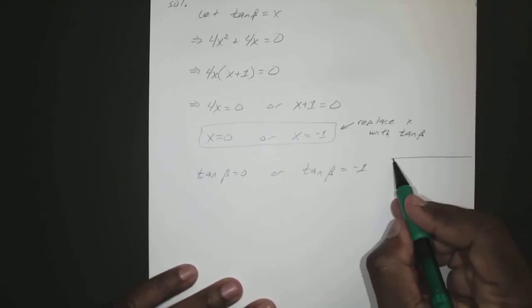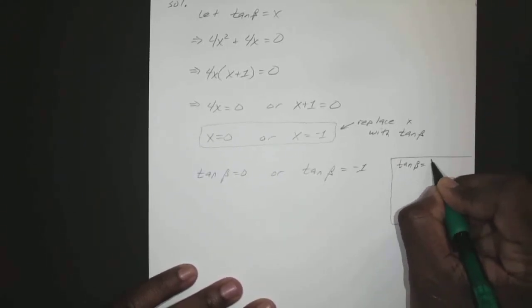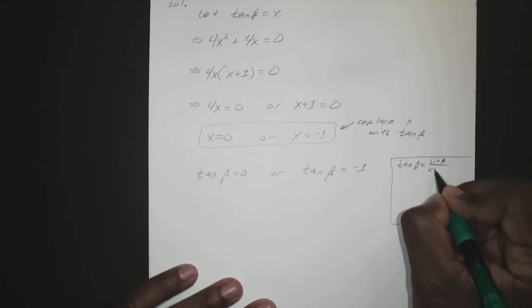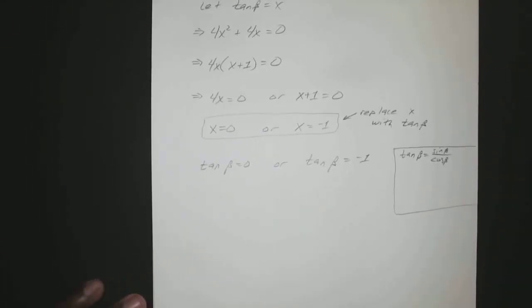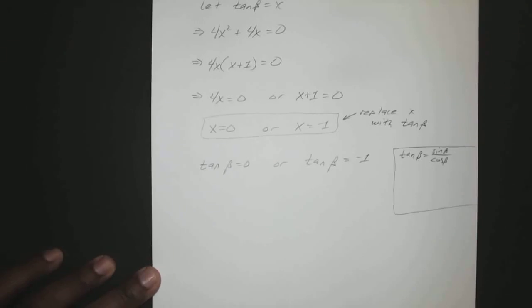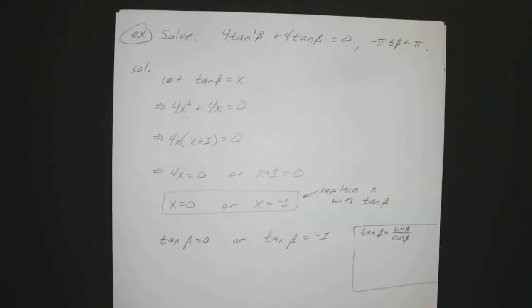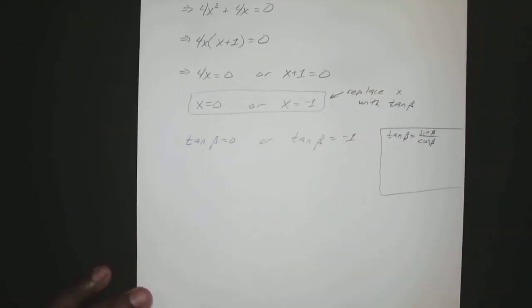Okay, so remember, tangent of beta is just sine over cosine. Okay, so for tangent of beta to equal 0, sine of beta has to equal 0. And it has to be between negative pi and pi. But it can't actually equal pi. Okay, so we know that sine is equal to 0 when beta is equal to negative pi, 0, pi, 2 pi, 3 pi, 4 pi, and so on.